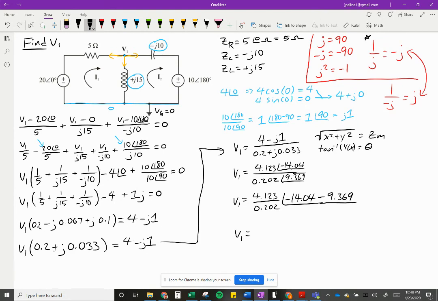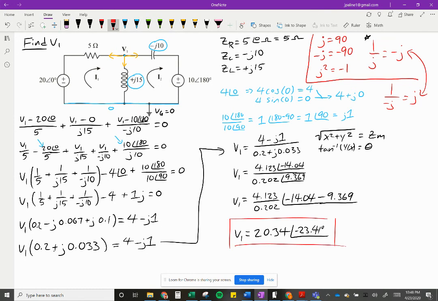When we do this, this will give us 20.34 at angle negative 23.41 degrees. All right, and there we go.